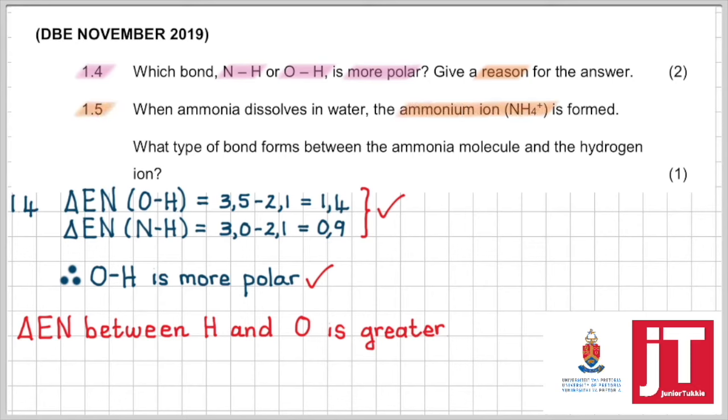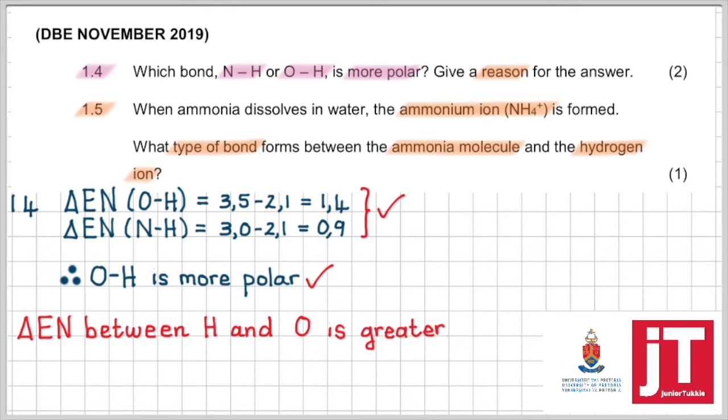We can now move on to question 1.5, which says, when ammonia, that is NH3, dissolves in water, H2O, the ammonium ion, NH4+, is formed. What type of bond forms between ammonia, the ammonia molecule, and the hydrogen ion? You should know from the practice videos of the dative covalent bond. A dative covalent bond forms when one atom supplies both electrons required for the bond to take place.